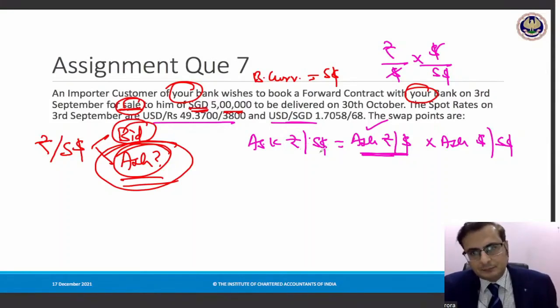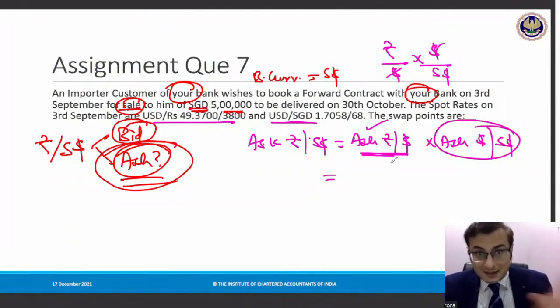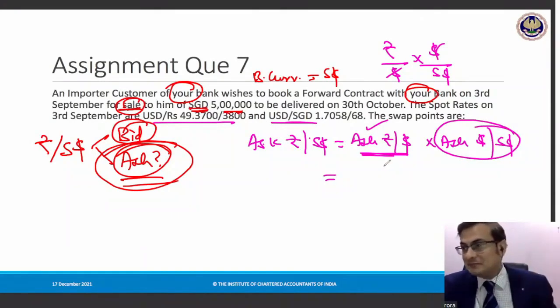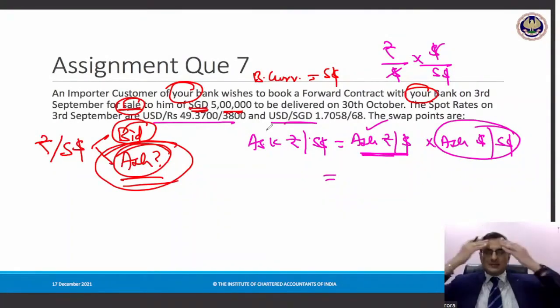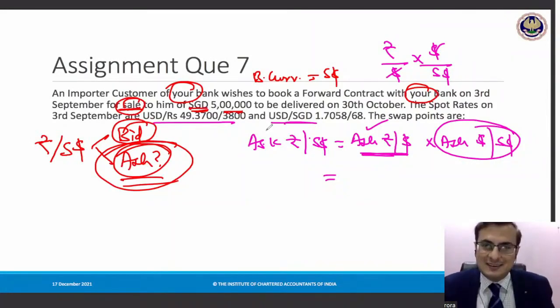Sir, this is already given. A lot of students might say, beta, this is a quote. Oh sir, the first class one. You remember? Beta, this is a quote.